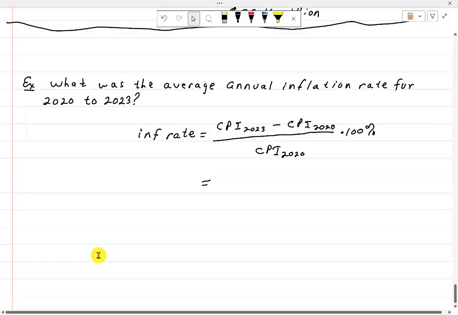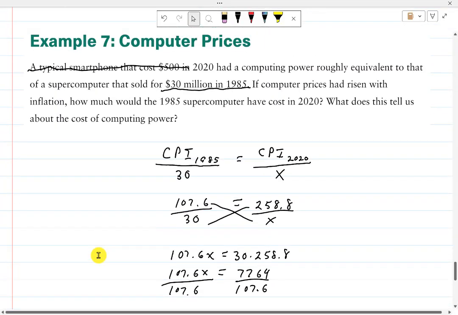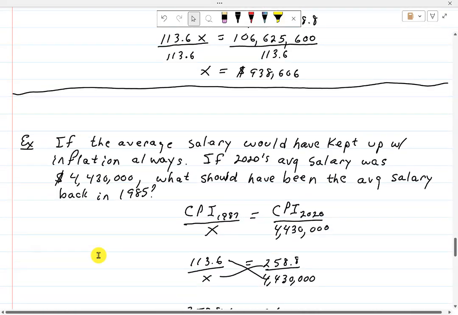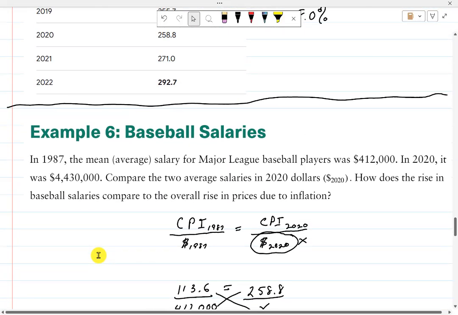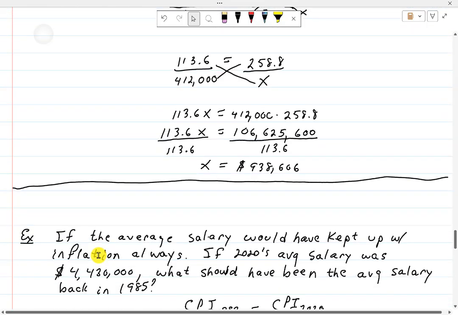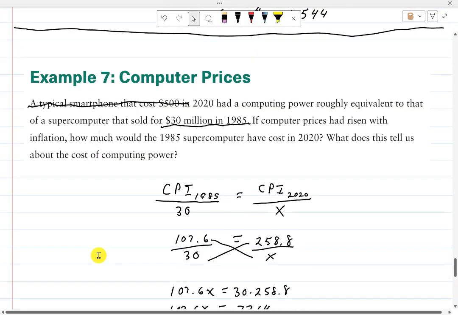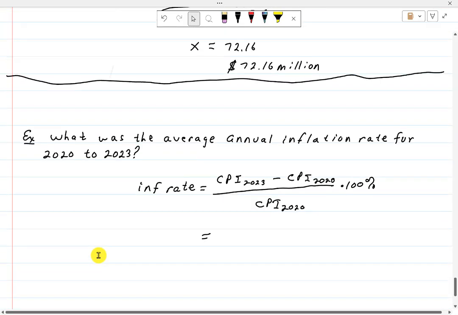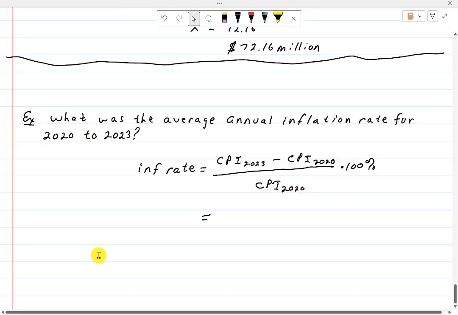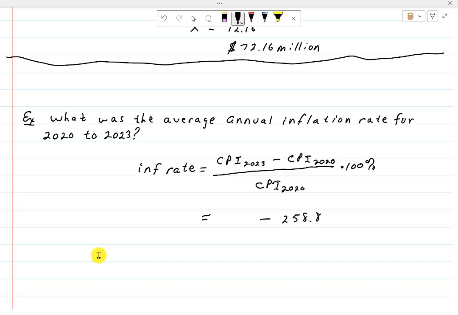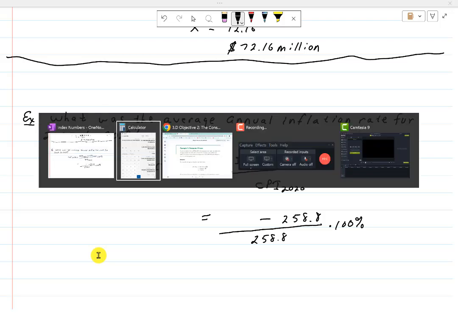Let me get those numbers down. 2023, I don't know if we had that in the table or not. Let's take a look. I don't know if it only went up to 2022. So let's see if I can find the 2023. Well, I already know the other numbers. While I'm here, I might as well put them in. And let's go hunting for the CPI for 2023.